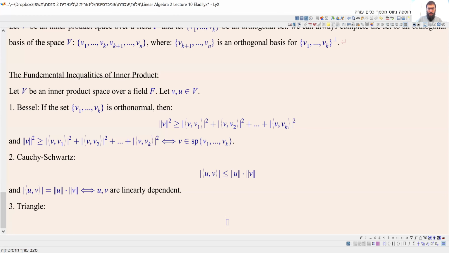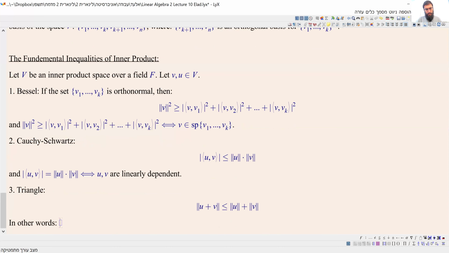And then we know that the norm of U plus V is smaller than or equal to the norm of U plus the norm of V. In other words, the square root of the inner product of U plus V with itself is smaller than or equal to the sum of the square root of the inner product of U with itself and the square root of the inner product of V with itself.